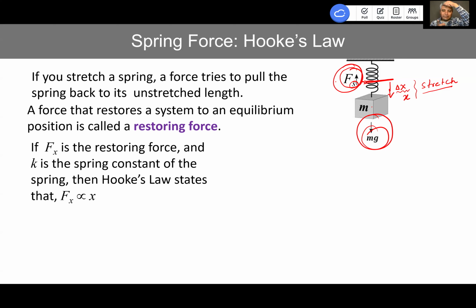But at the same time, there are different kinds of springs. Some springs we can easily stretch, others are very difficult to stretch or compress. To describe how hard or how easy it is to stretch or compress a spring, we introduce what we call the spring constant.